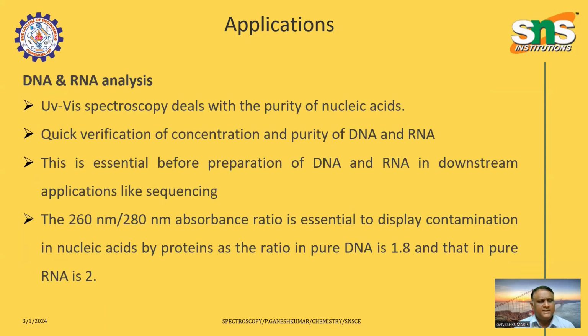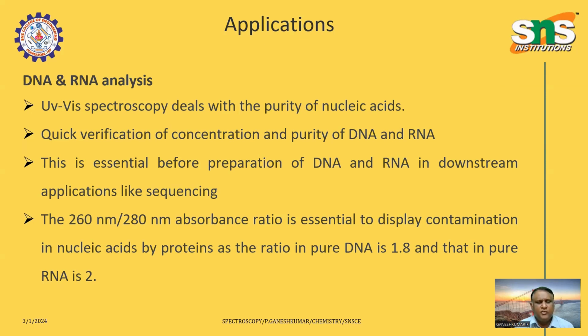An important application is DNA and RNA analysis. Ultraviolet spectroscopy can deal with the purity of nucleic acid. Just now we started with the purity of paracetamol medicine. Quick verification of the concentration and purity of DNA and RNA can be done with this.